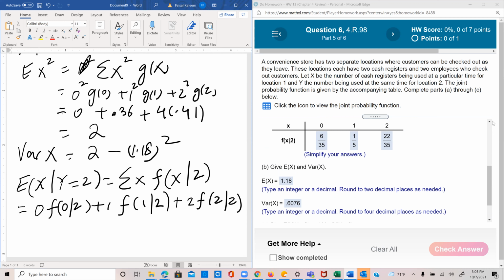You just have to remember based on this table that 1 given 2 means x is 1 given y is 2. So this is just going to be 0, plus the f of 1 given 2, which was 1/5, plus 2 times f of 2 given 2, which was 22 by 35. So 44 plus 7 is 51 by 35.